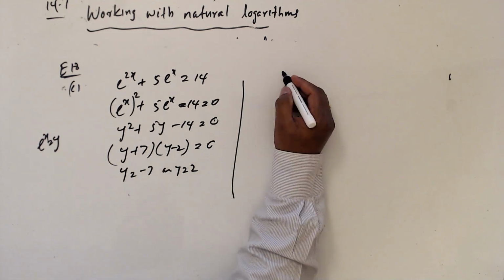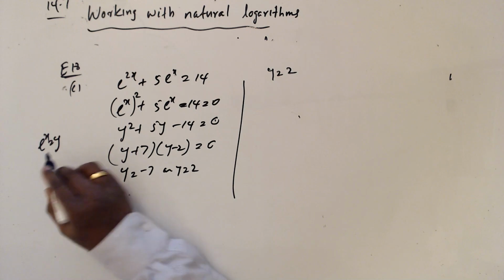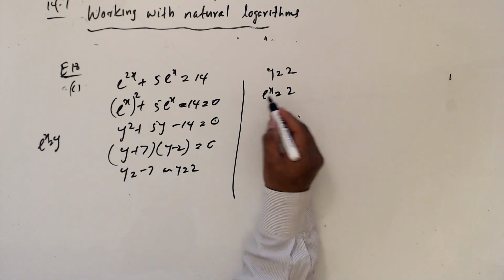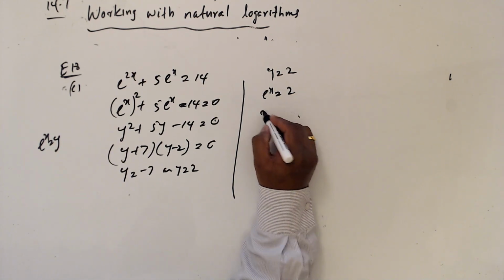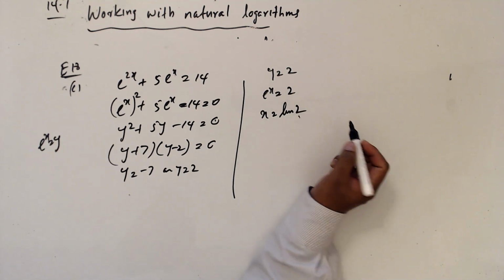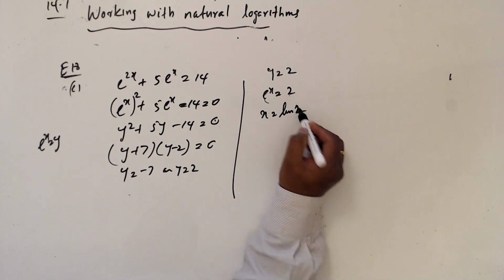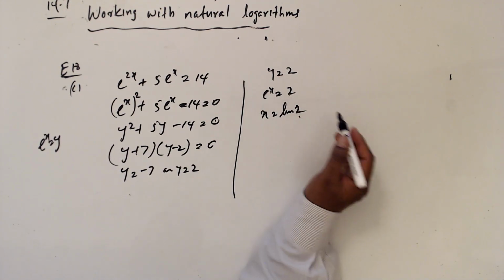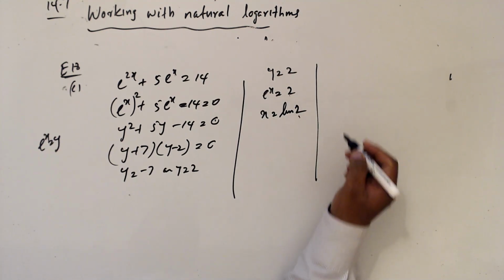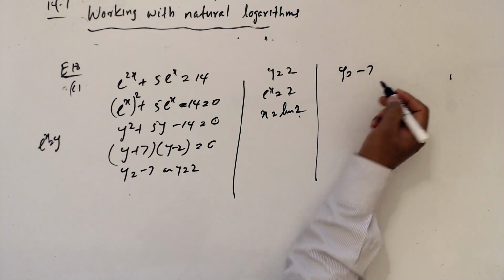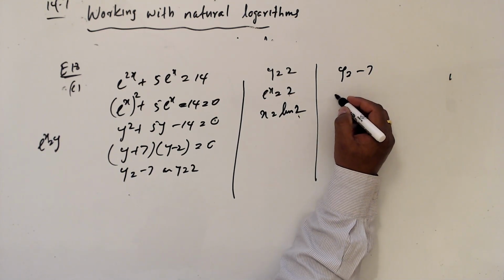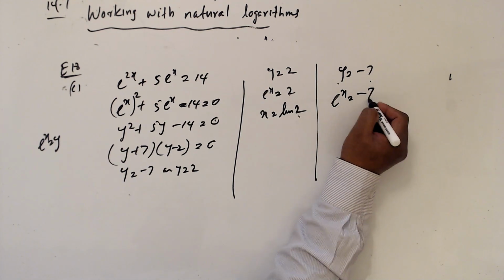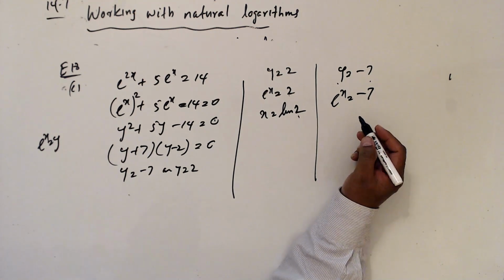Now y equals 2 means e to the power x equals 2. Then we take the natural logarithm back, so x equals ln 2. Saying e goes to the other side and becomes ln is a bad way of remembering this, but it still works. It is not the real idea, but some students use it. Now y equals minus 7, so e to the power x equals minus 7.